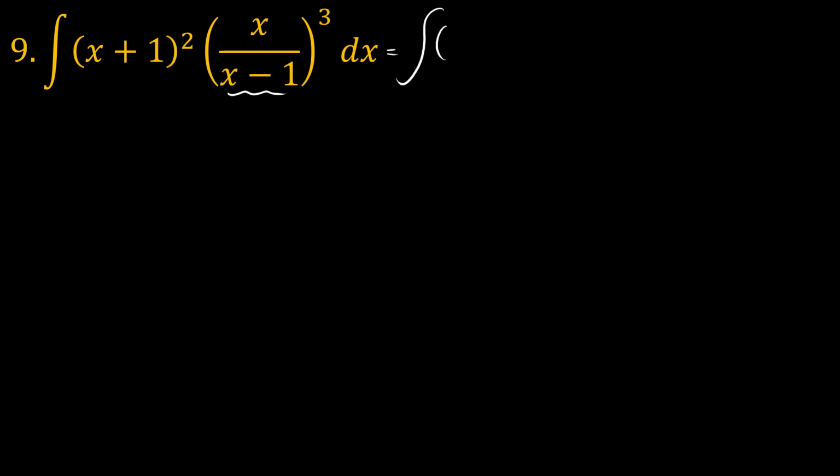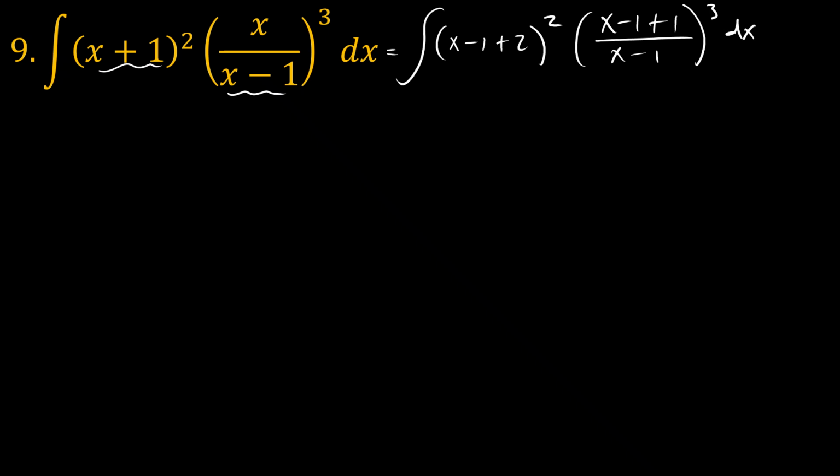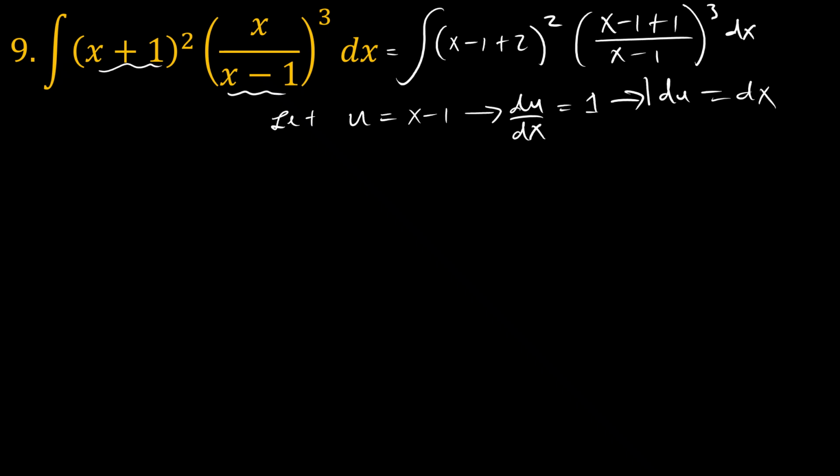So x plus 1 here can be expressed as x minus 1 plus 2 squared. x can be written as x minus 1 plus 1, over x minus 1 cubed. And so we can say now let u be equal to x minus 1 such that du dx is equal to 1, meaning that du can be used to substitute for dx.